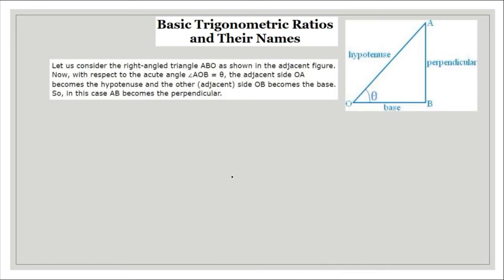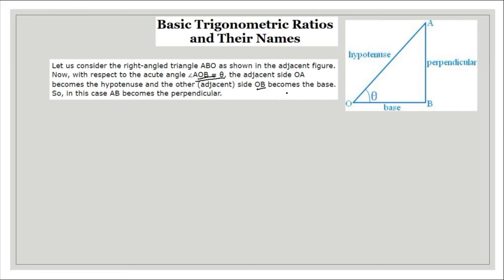Now let us start with the basic trigonometric ratios and their names. Let us consider a right-angled triangle ABO as shown in the adjacent figure. Now with respect to the acute angle, angle AOB, which is mentioned here as theta, the side OA becomes the hypotenuse and the other side is OB.